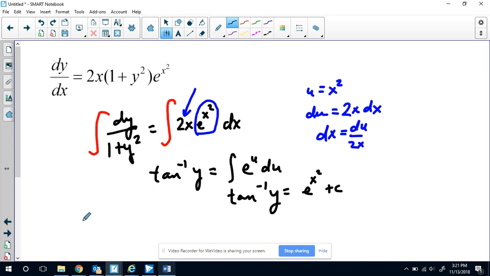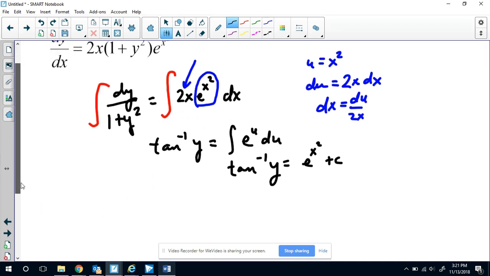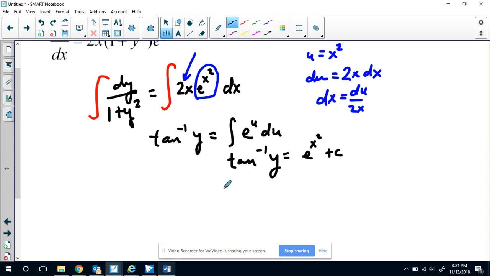Now I'm going to take tangent of both sides. So tangent of arctangent gives me y. And on this side, I have tangent of e to the x squared plus c. And so that ends up finishing that problem.